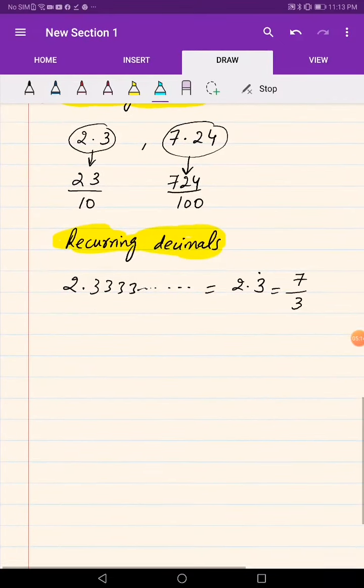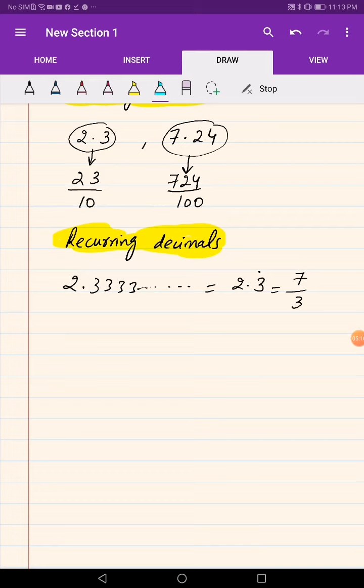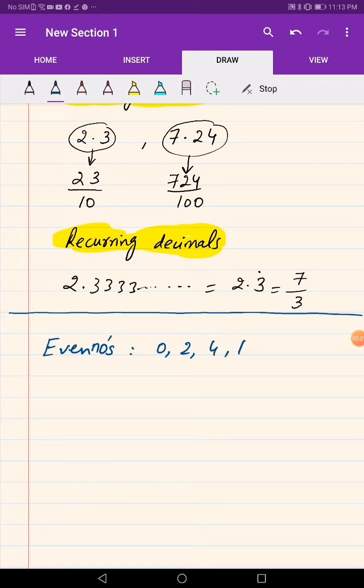I'm expecting that you also have an idea about some other types of numbers, like even numbers: those which can be divided by 2, like 0, 2, 4, 6, 8. Odd numbers cannot be divided by 2: 1, 3, 5, 7, like that.